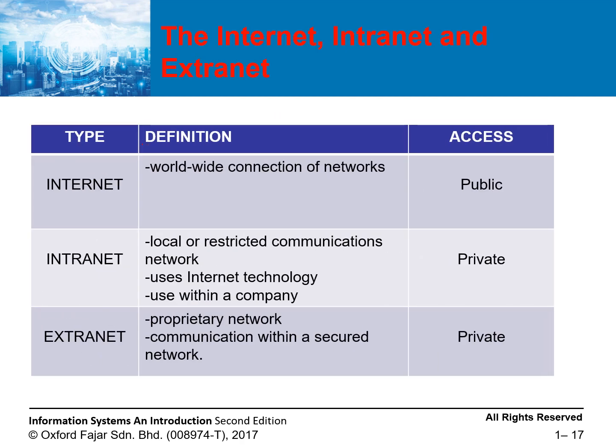Okay, in this table we can see the differences between the internet, intranet, and also extranet. The internet is a worldwide connection of networks involving governments, agencies, businesses, education bodies, and also individuals.